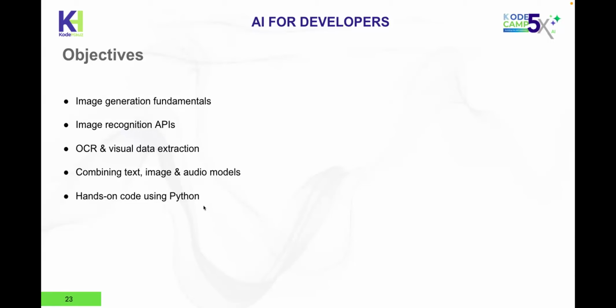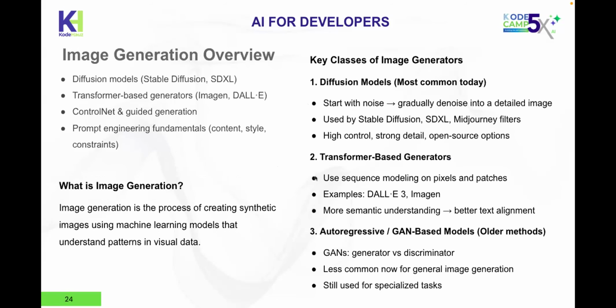So yeah, then at the end we'll also see how we can build applications by combining all of these multimodal features, models, and combining text, image, and audio models, maybe with a few code examples in Python, which we can also extend to other things.